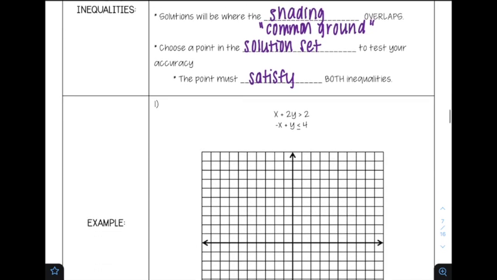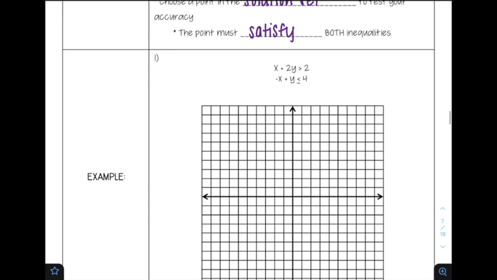So for the first example, I have x plus 2y is greater than 2 and negative x plus y is less than or equal to 4. I have to change my inequalities in order to be able to graph them. So I'm going to have 2y is greater than negative x plus 2. Y is greater than negative 1/2 x plus 2.